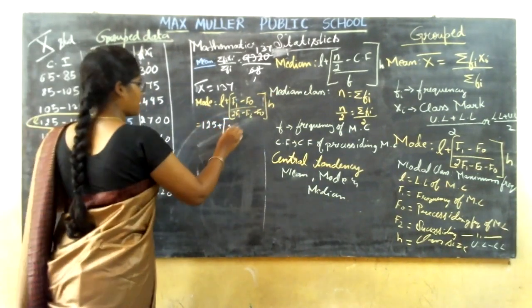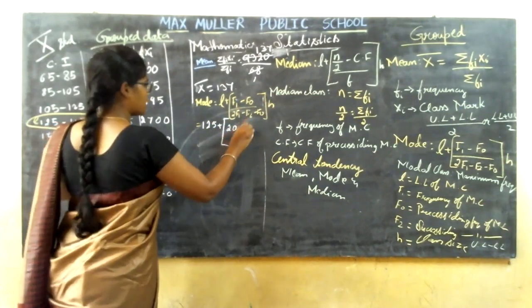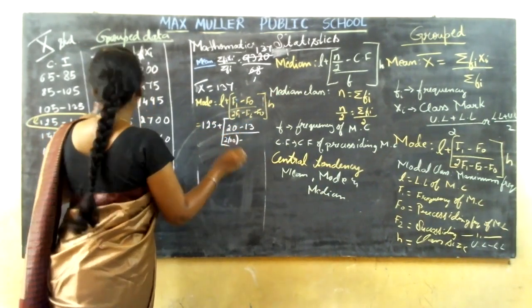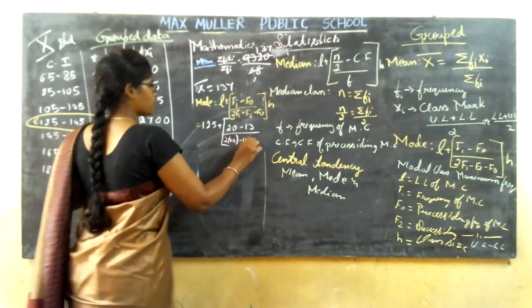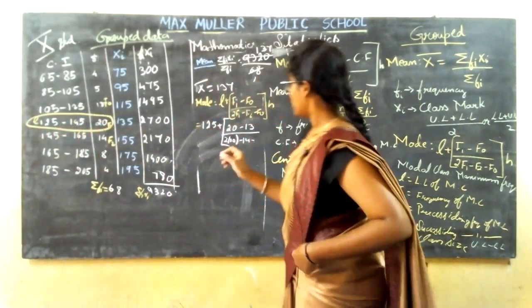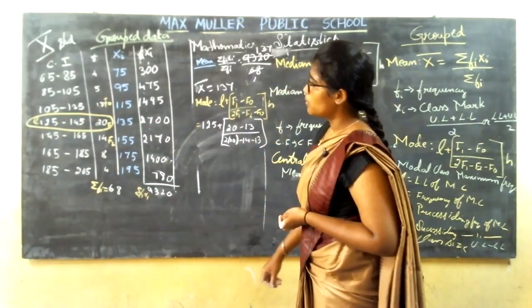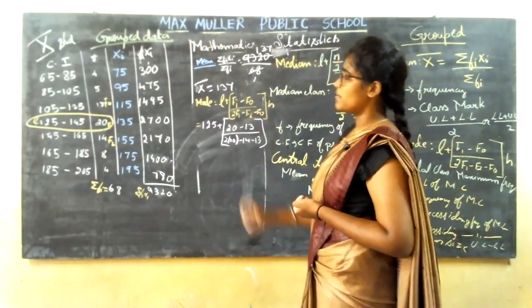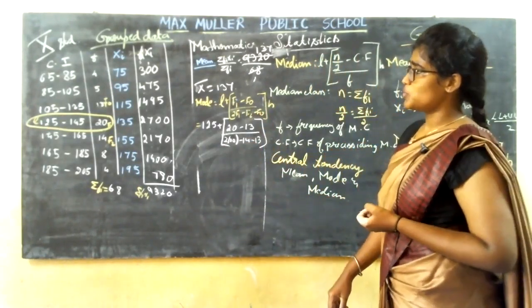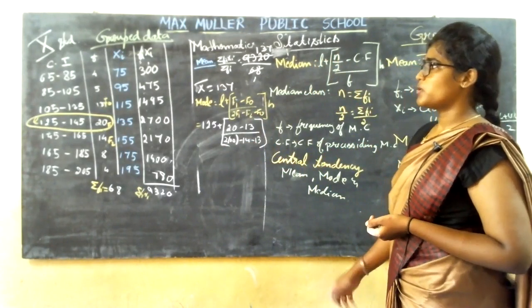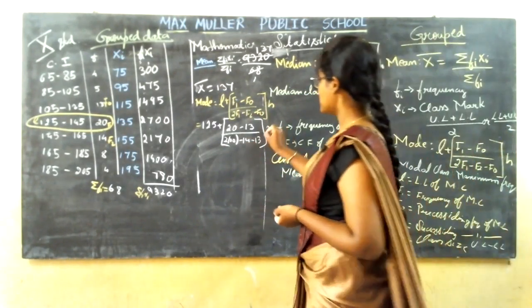It is 20 minus F0 is 13 divided by 2 times 20 minus what is F2? It is 14 minus F1 is 13, into what is the class size you get? 85 minus 65 is 20. 105 minus 85 is also 20. 125 minus 105 is also 20. So the class size is 20.